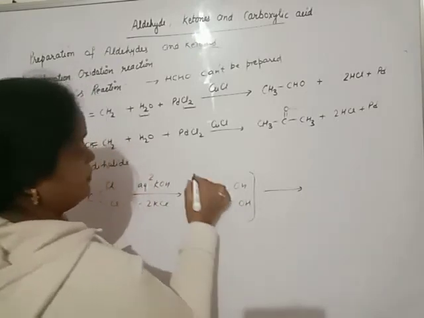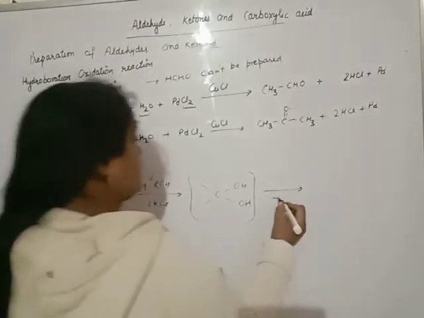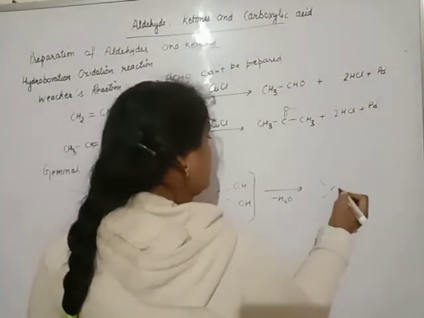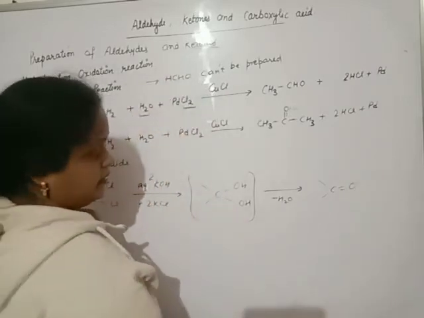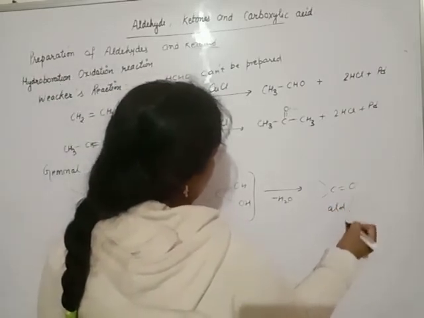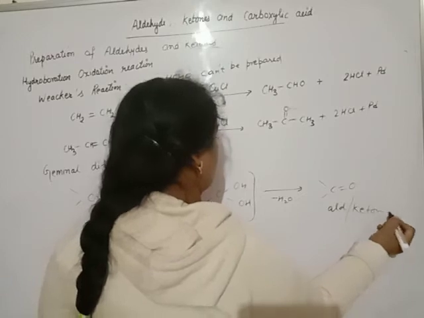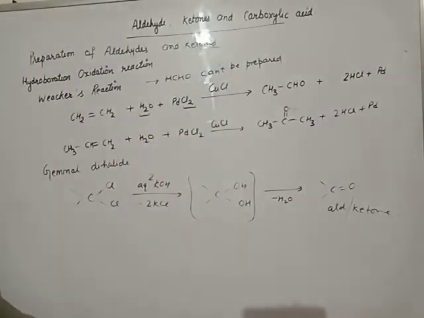Beta, it is unstable. It loses water automatically to give either aldehyde or ketone. Maybe aldehyde, maybe ketone. These are the reactions from which we can prepare both aldehydes as well as ketones.